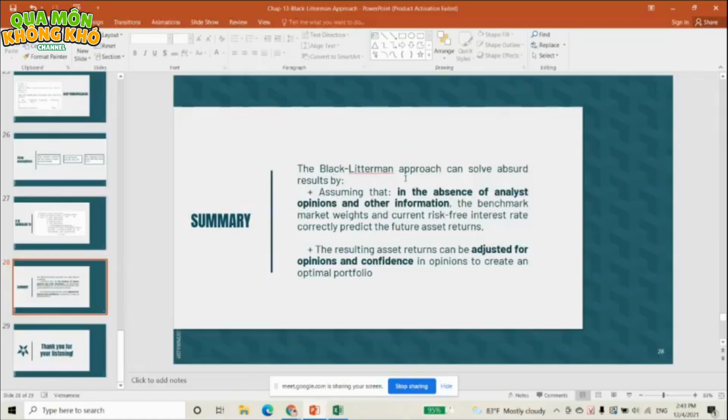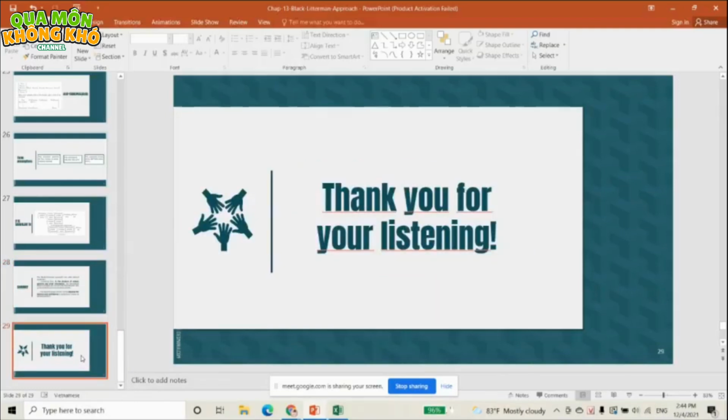The Black-Litterman approach can fix this result by firstly assuming that in the absence of analyst opinions and other information, the benchmark market rate and current risk-free interest rate correctly predict the future asset return. The resulting asset return can be adjusted for opinions and confidence in opinions to create an optimal portfolio. This is the end of our presentation. Thank you for your listening.